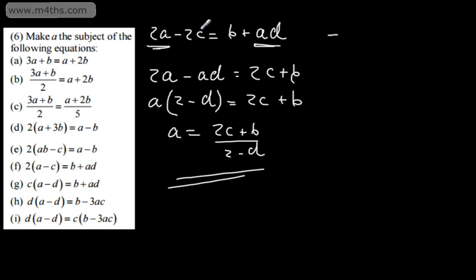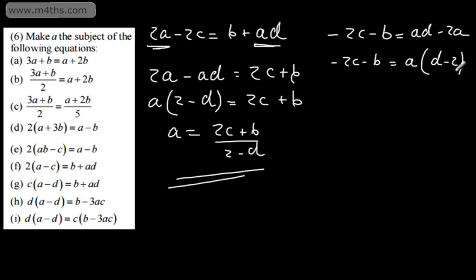I chose the left-hand side to collect my a's. If you chose the right-hand side, you'd have negative 2c minus b is equal to ad minus 2a. Factoring this, negative 2c minus b, taking a out, a times d minus 2. Dividing by d minus 2, negative 2c minus b divided by d minus 2 is equal to a.